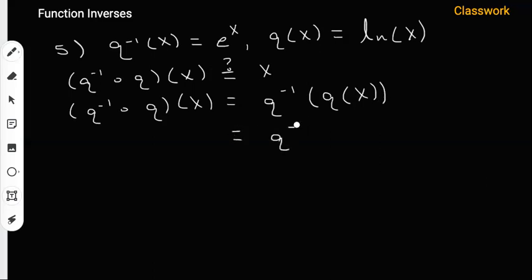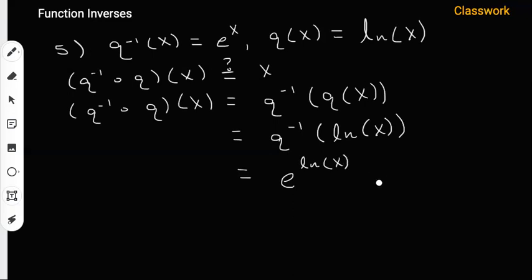So what that means is I'm going to keep the q inverse, and I'm going to replace q of x with what it is, right? The natural log of x. So now I'm evaluating q inverse at natural log of x. So everywhere I see an x in q inverse, I'm going to replace that with the natural log of x. So that's going to be e raised to the x power, which is going to be the natural log of x, right?